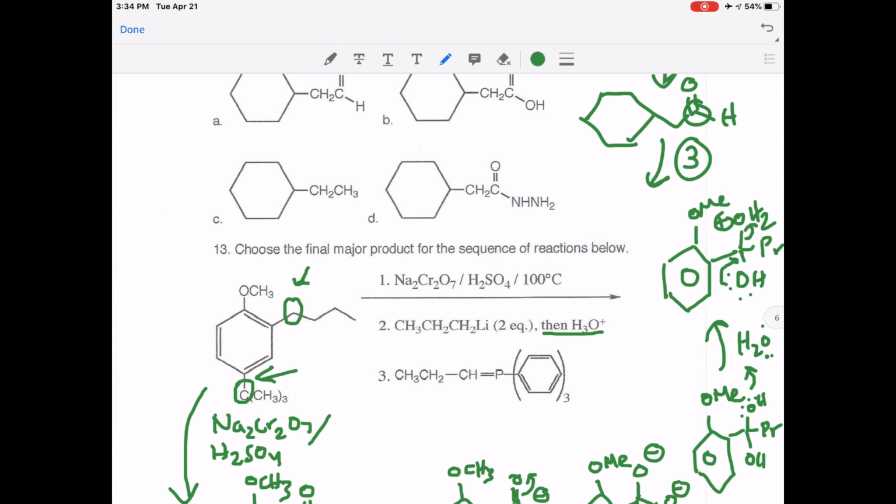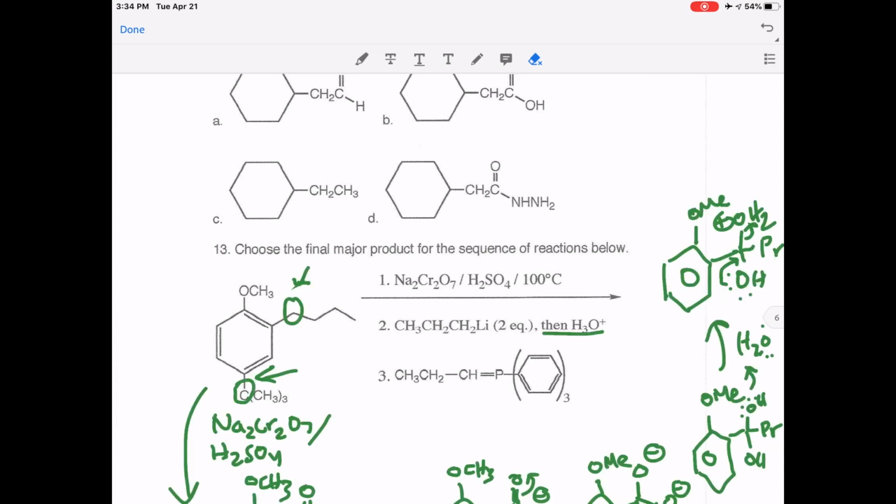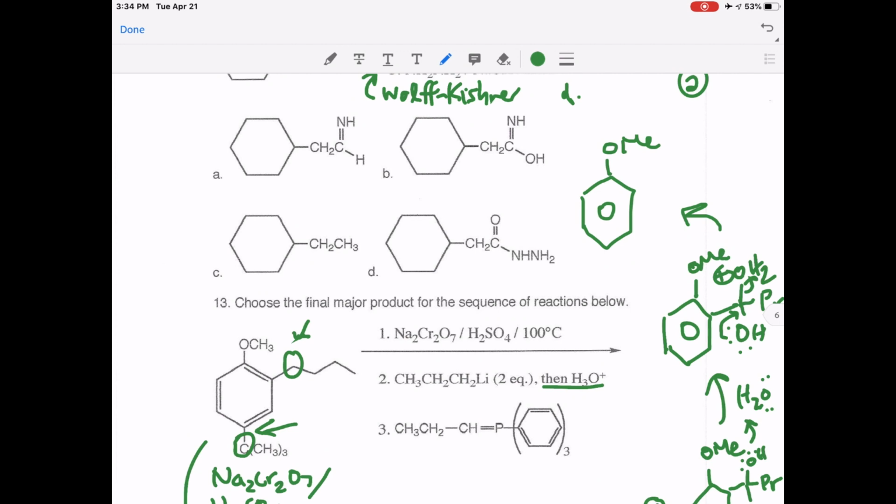So now we are left with this molecule. And after the removal of that proton from the remaining oxygen atom, we're essentially left with just this compound.